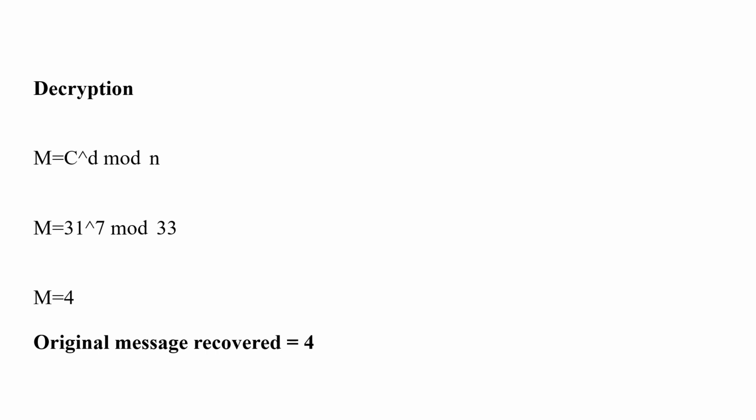So 31 multiplied by itself 7 times gives a long number. If you divide that by 33, you will get the remainder as 4. Hence we got the plain text we had given. The original message was recovered as 4.